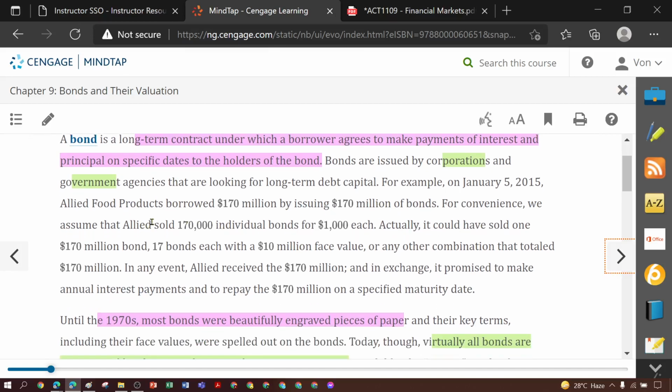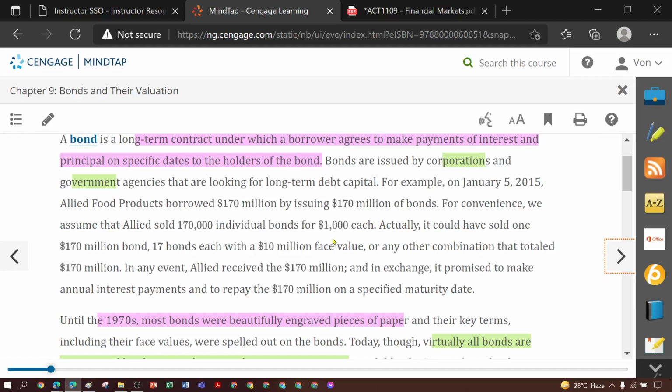Okay, so dito nagbigay lang ng example, no? Ng bond transaction. Ayan. For example, on January 5, 2015, Allied Food Products borrowed $170 million by issuing 170 million of bonds. Okay, for convenience, we assume that Allied sold 170,000 individual bonds for 1,000 each.